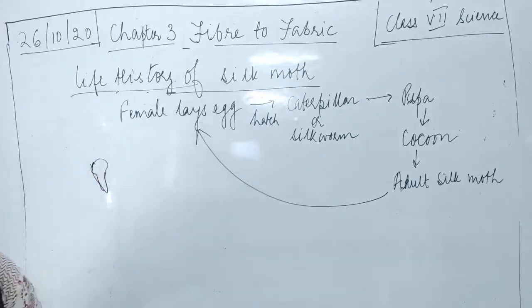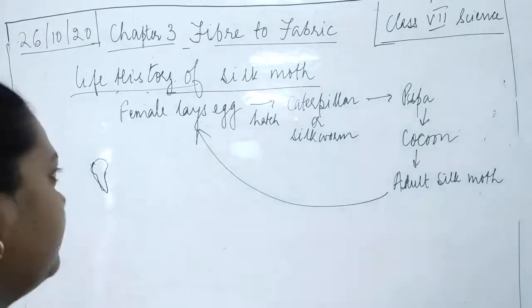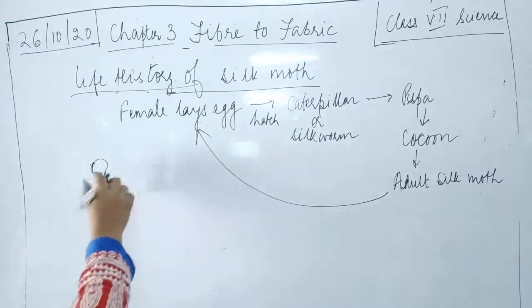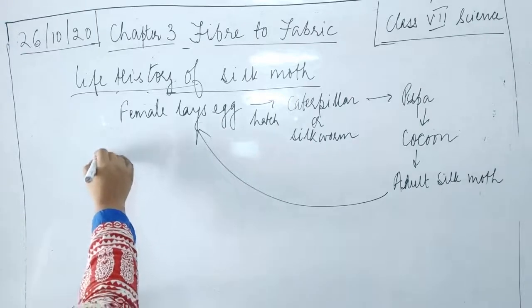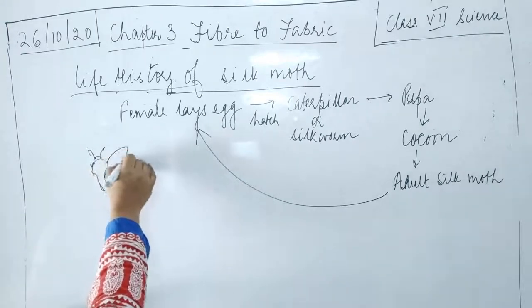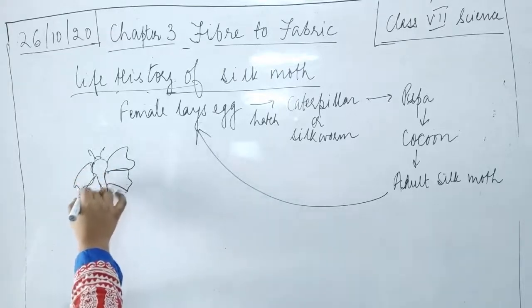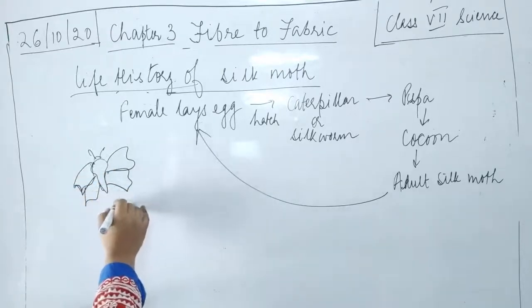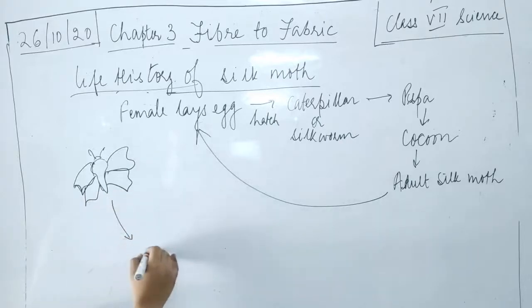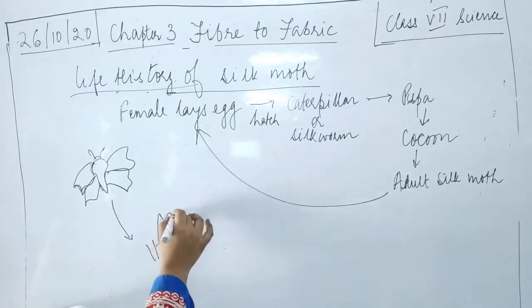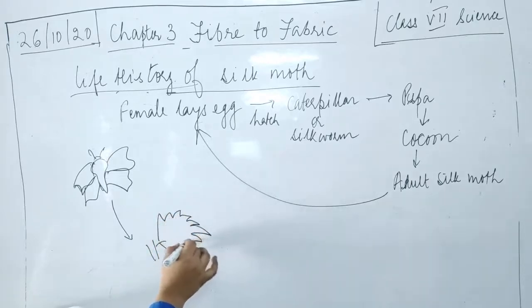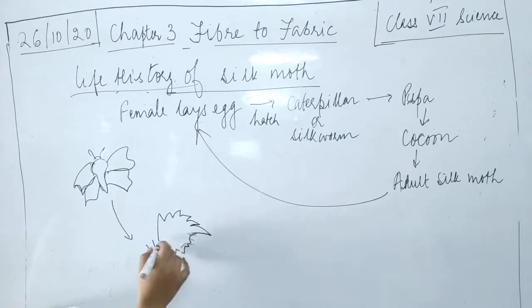So this is the life cycle of the silk moth, where the female silk moth lays the eggs. It looks like a butterfly, but it is not a butterfly, it is a silk moth. It lays eggs on the mulberry leaves.